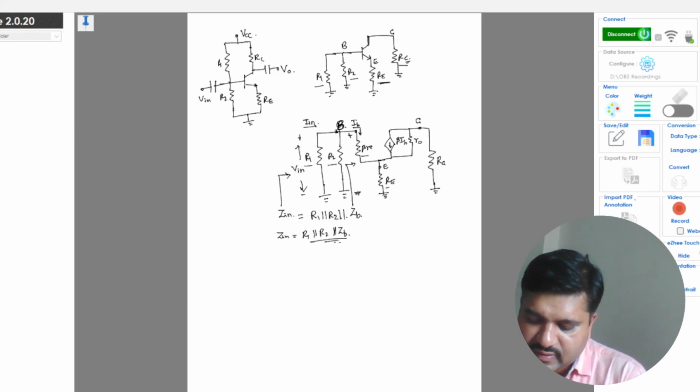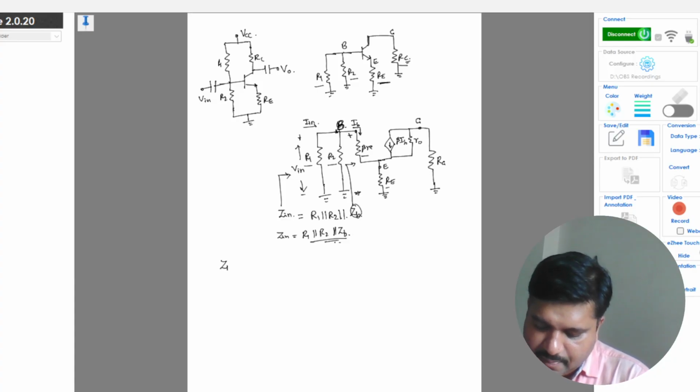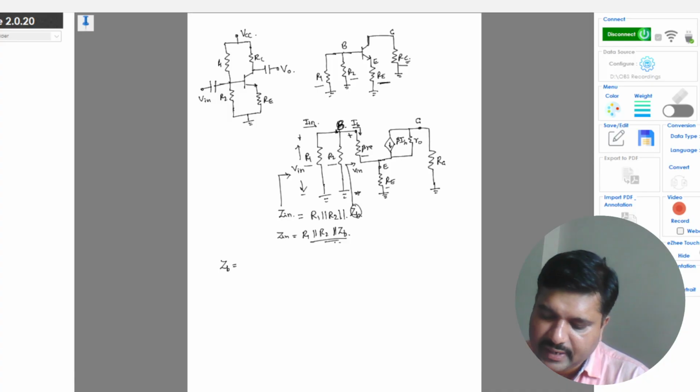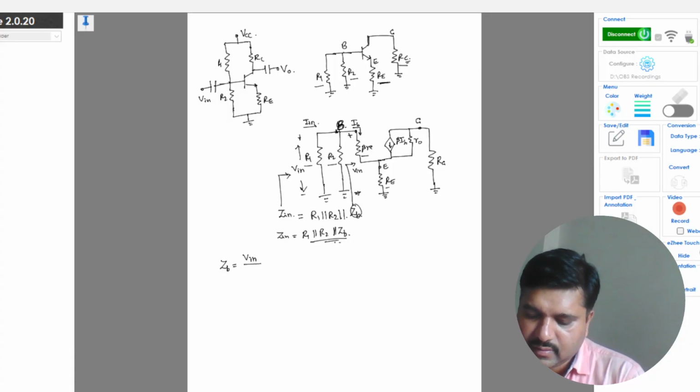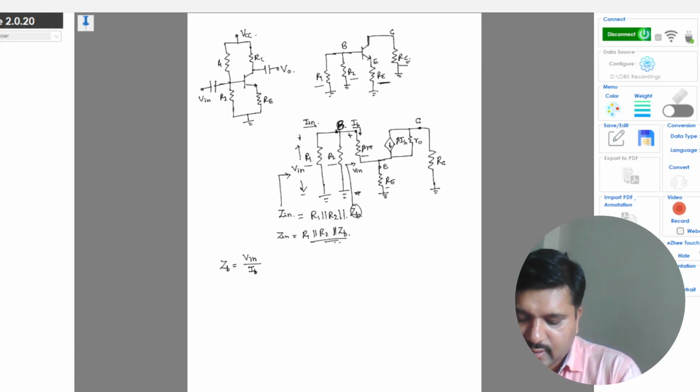Now to find the impedance between these two terminals, ZB, what is the voltage between these two terminals? It is again Vin only. Vin is from base to reference, that is the input voltage Vin, and the current is IB. Okay, the current which is entering the branch ZB that I have referenced is IB.